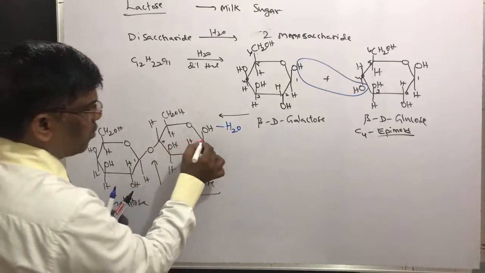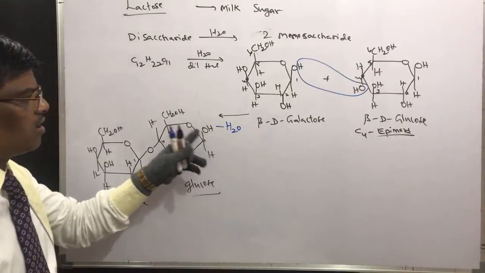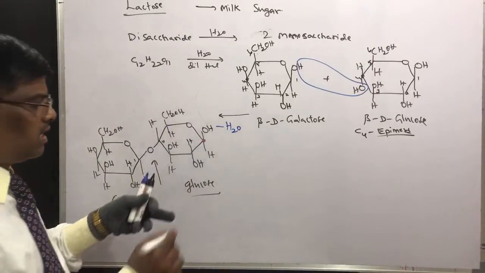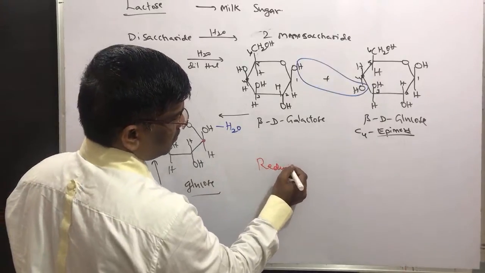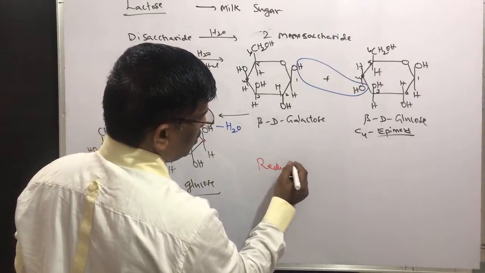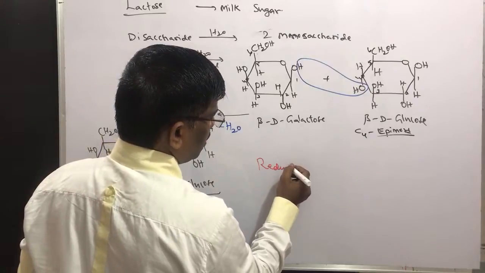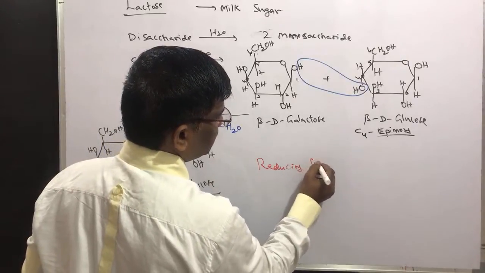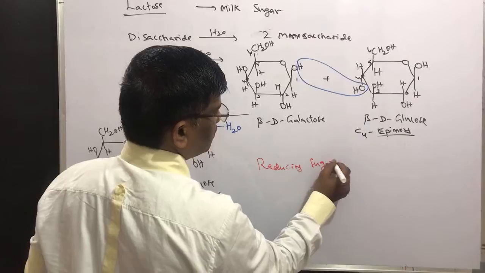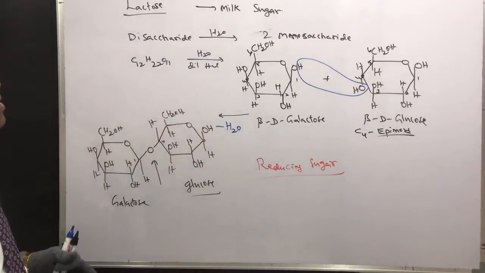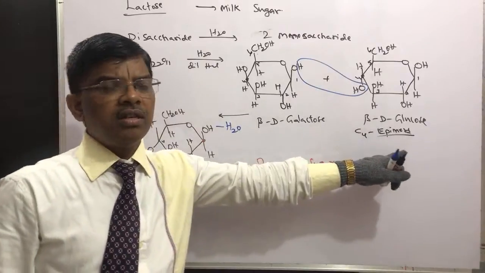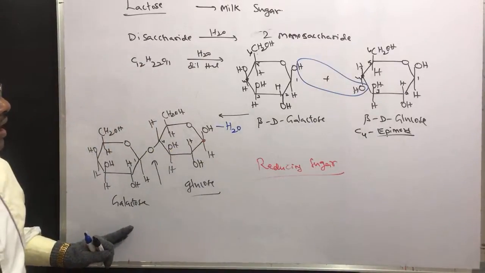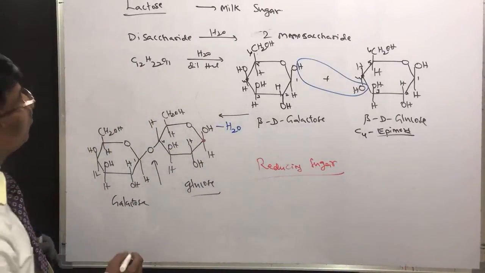It is reducing because this carbon has hydroxy and ether linkage. So it is a reducing sugar. So the lactose structure is nothing but galactose and glucose, where upon losing water we get this lactose.